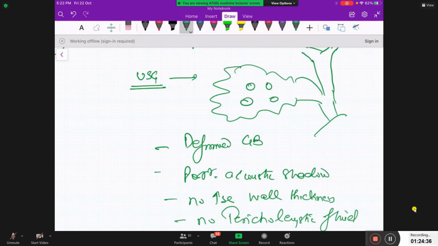With these findings, you can make out that the patient must have had the problem previously also. In an asymptomatic gallstone disease patient, you will get a normal shaped gallbladder with everything normal, just a stone inside, posterior acoustic shadows.